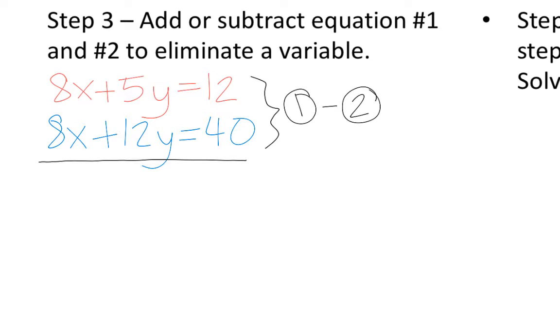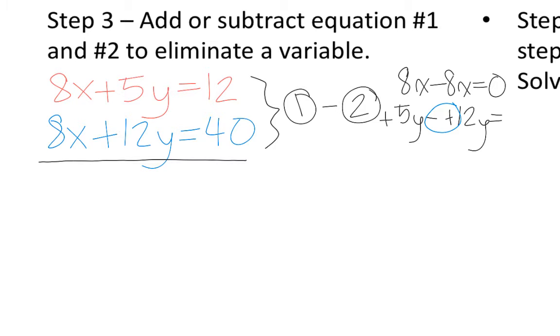So let's do some rough work on the side. 8x subtract 8x is 0. I'm not going to write that in. Next, I have positive 5y subtract positive 12y. Now, when you have an addition sign and a subtraction sign, that simplifies into a subtraction sign.